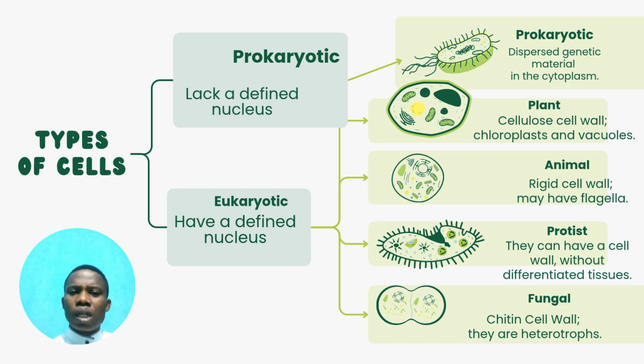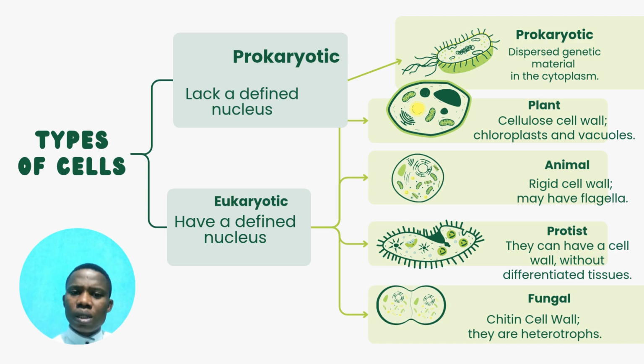Now, in prokaryotic cells, the genetic material is dispersed in the cytoplasm. In plants, the cell has a cell wall, chloroplast, and vacuole. And in animals, it has no rigid cell wall and may have flagella.